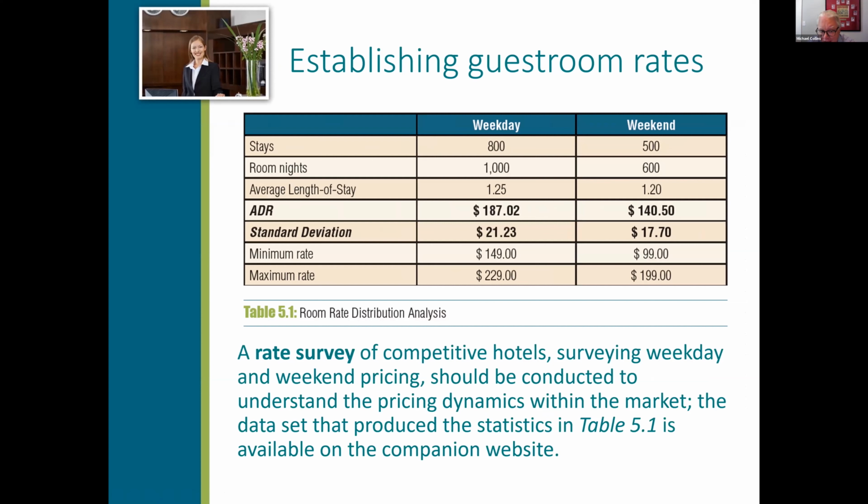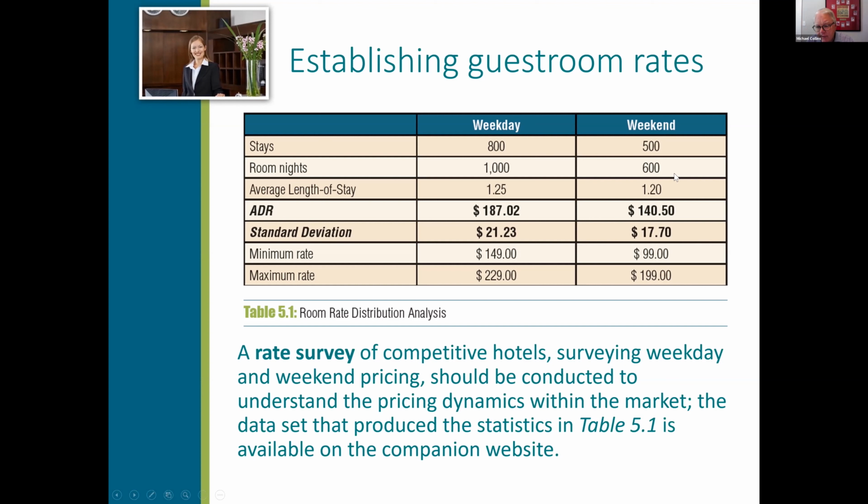So if the average daily rate quoted by the hotels in my comp set is $187 and the standard deviation is about $20, then I know 2 out of 3 hotels are charging between $167, $20 below my $187 average, and $207, $20 above my ADR. So I know for my rates to be in line that all my rates need to fall within $20 of the ADR for the observations that I collected in my rate survey.